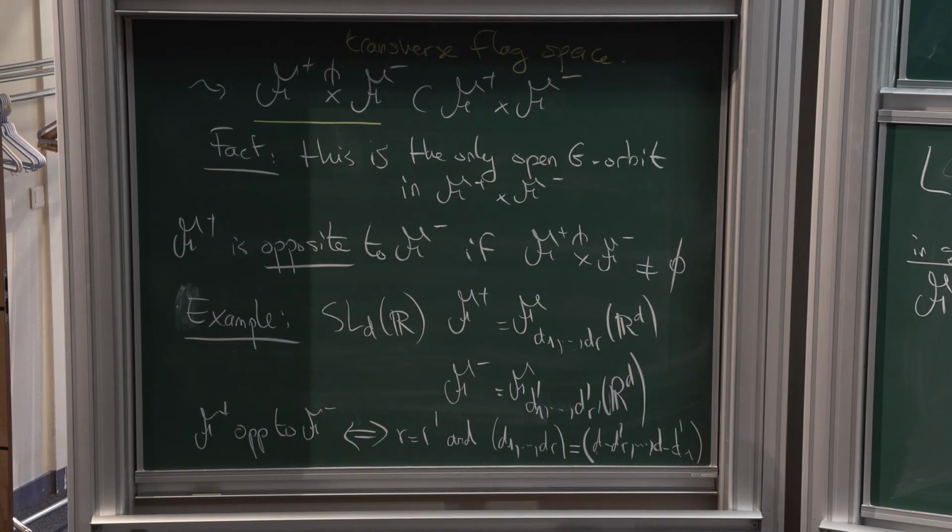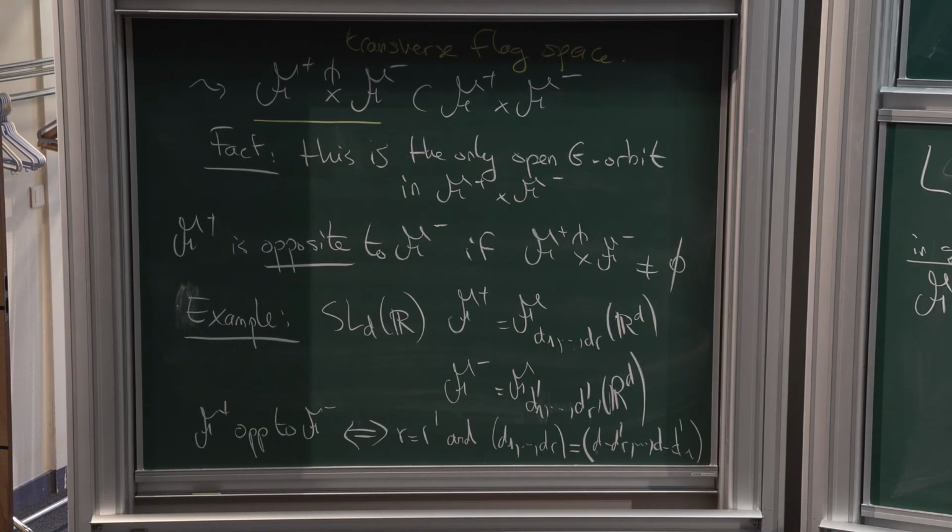But I still think this is the right one. Wait. I think the partial sums match. Yeah, I agree that there might be a problem there, but nothing that can't be fixed. Okay.